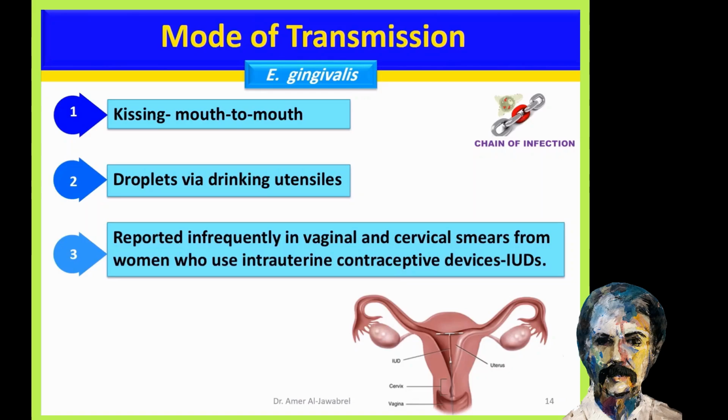It's shaped like the letter T. It has been found that some women who use this had Entamoeba gingivalis, but not in all cases, only rare cases. So don't assume that every woman using an IUD will get this. It's rare cases again.